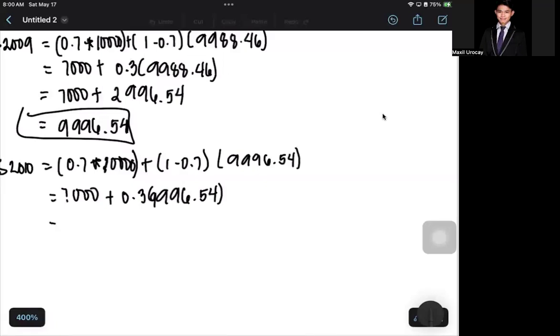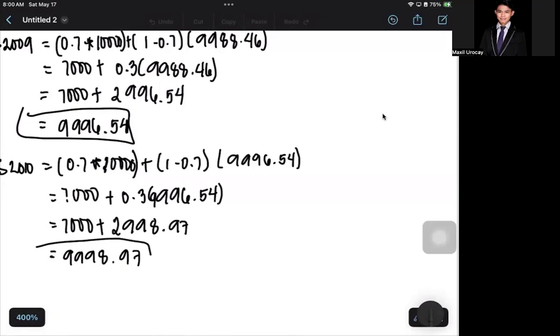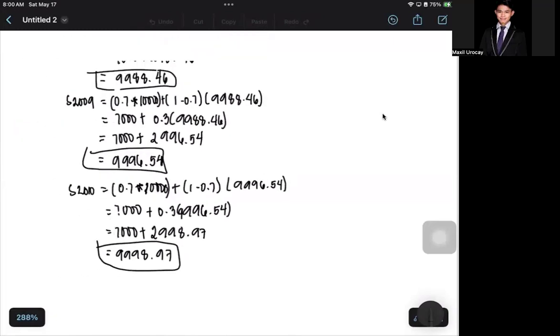That is 2,998.97. So plus 7,000, that is 9,998.97. So this is the data up until the year 2010.